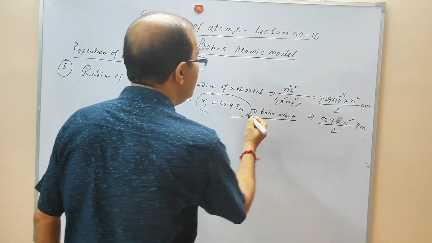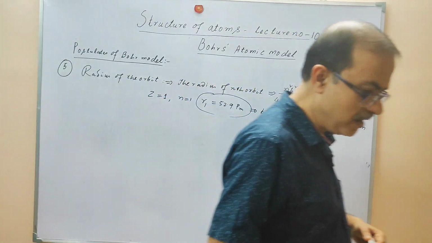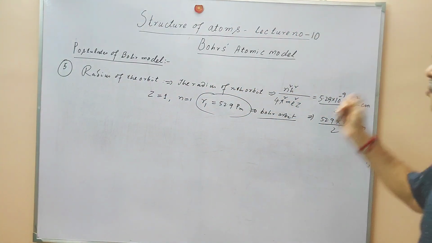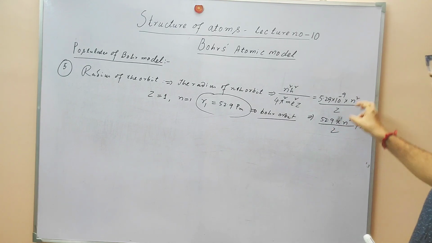Okay, this is also called the Bohr orbit. So when we put the value n equal to 2, we will get the second Bohr orbit accordingly.